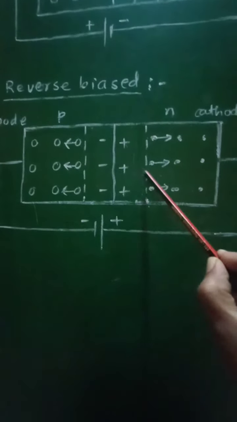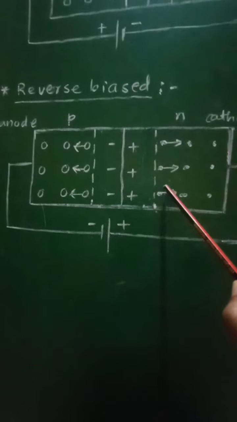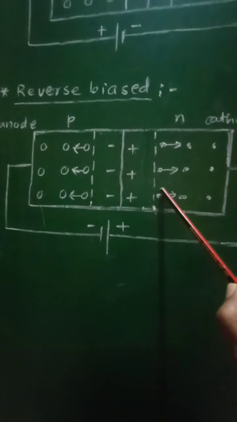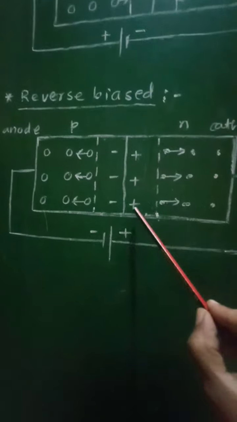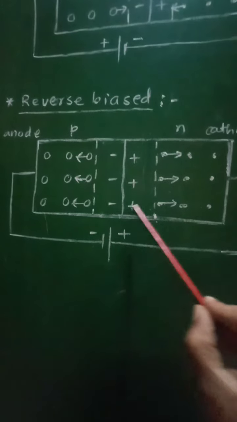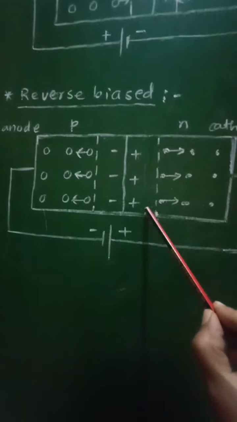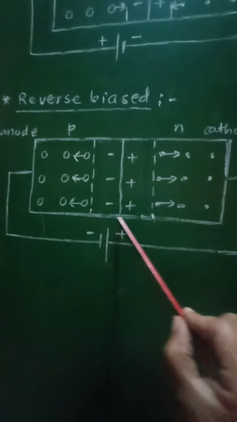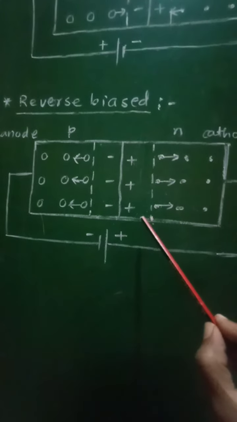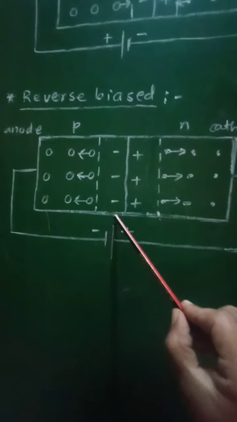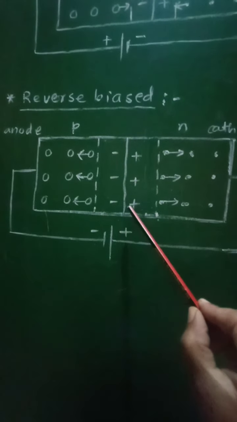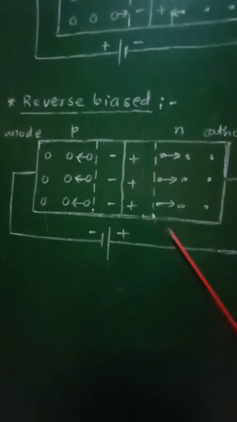So when this diode is connected in reverse bias mode, there will be an increase in the width of the depletion region and no current flows through the diode. However, a very small leakage current flows through this diode.